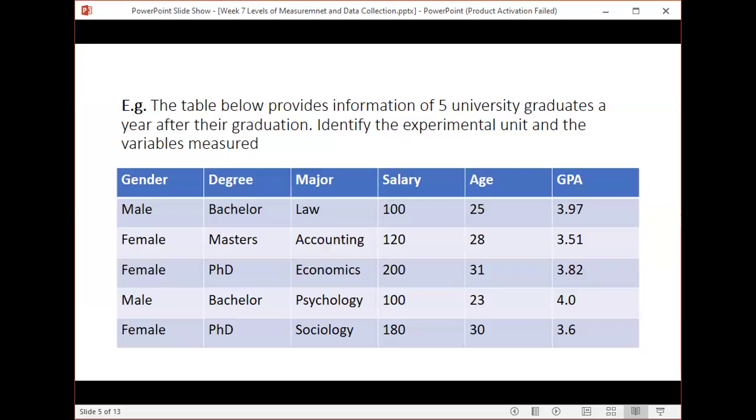Okay, so why are you saying salary and age are discrete and GPA is continuous? And when you are done, I also ask why the other person turned it around. So why is salary and age discrete and GPA continuous?